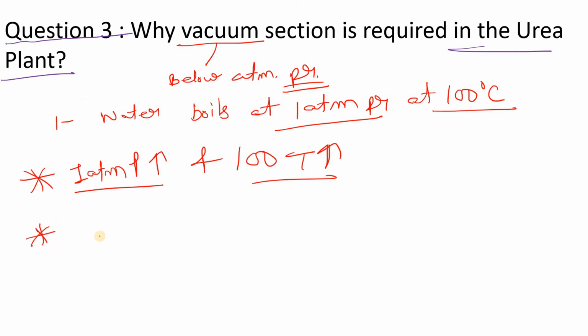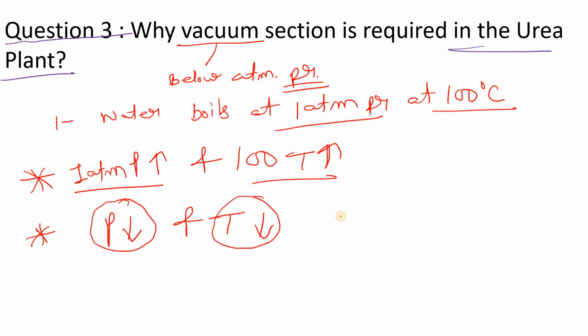The second point is that if I decrease the pressure, the temperature will also decrease. What is the meaning of this? It means that when I am decreasing the pressure, the temperature is also decreasing, meaning I will have to give less energy, right?